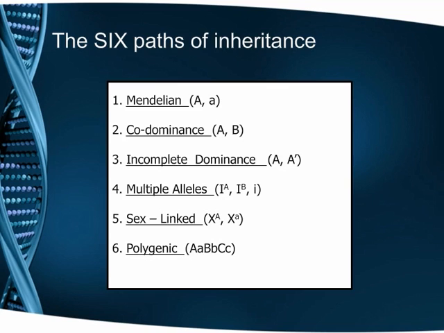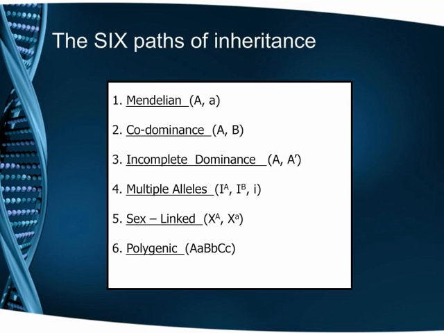Incomplete dominance is a form of inheritance where neither allele is completely dominant. This is represented by 2 of the same capital letter, but one of them has the prime symbol. For example, big A prime.